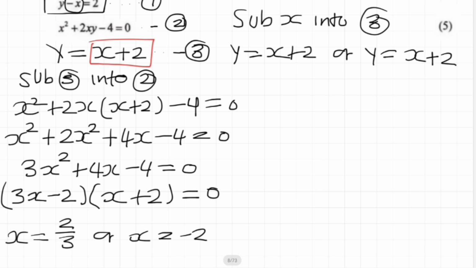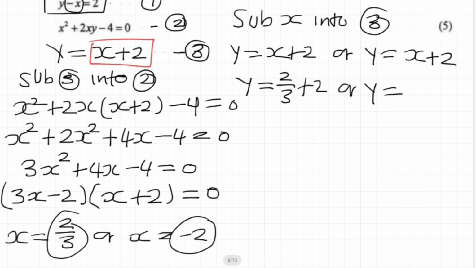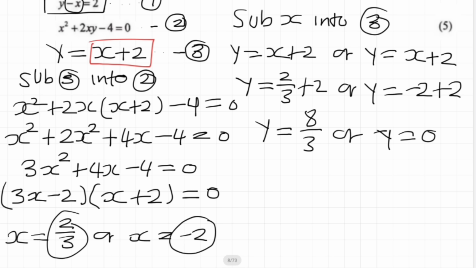Why do I say or? It's because we have two answers. Whenever there is x, we're going to substitute the first one, which is 2 over 3 plus 2, or on the other side, the negative 2 plus 2. So y for the first one, we're going to get 8 over 3. The second one is going to give you y equal to 0.